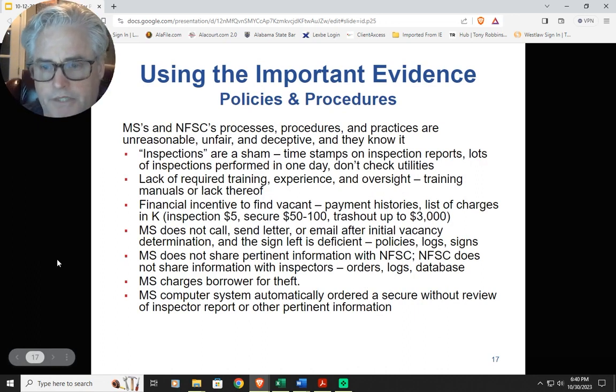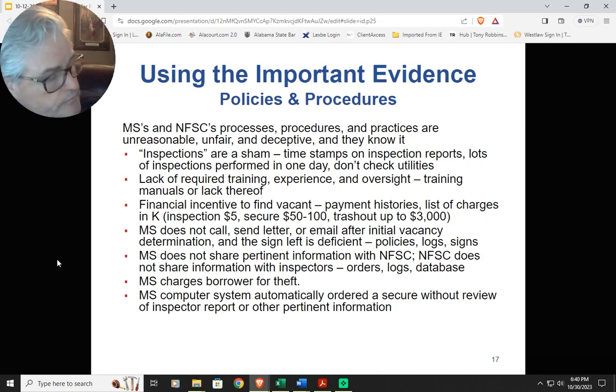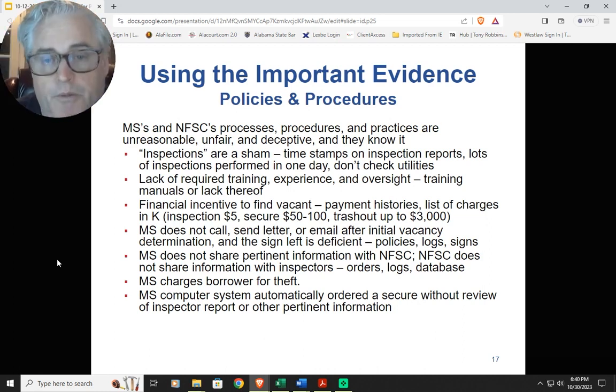When you talk about policy and procedures, a lot of times you get really good evidence that all that is smoke and mirrors, really not what happens. They really don't care. For the servicers and the property preservation companies, their goal is to churn services and charge fees and make money.